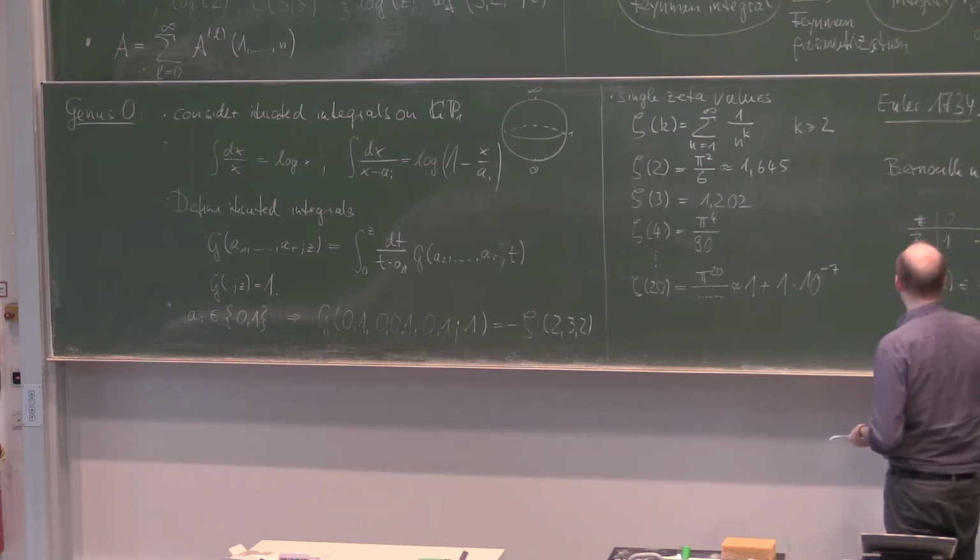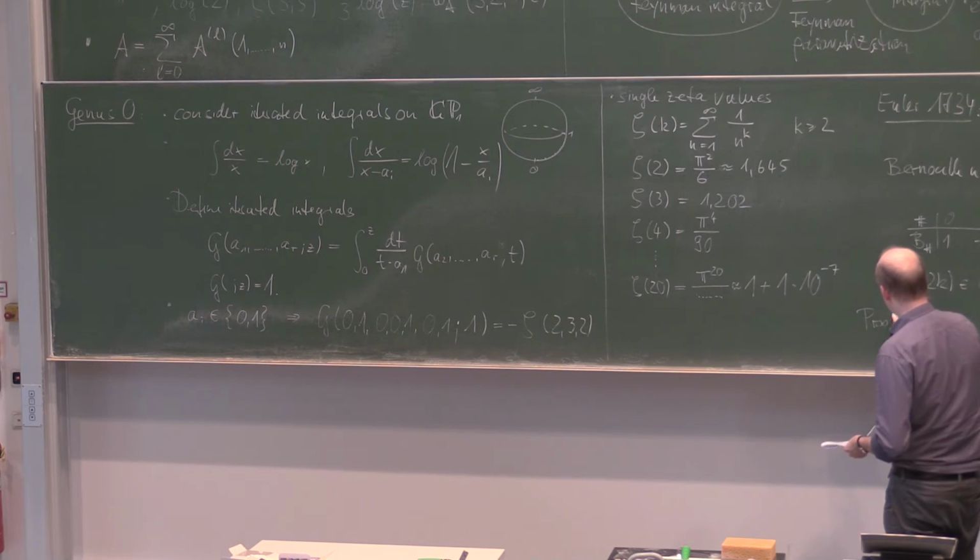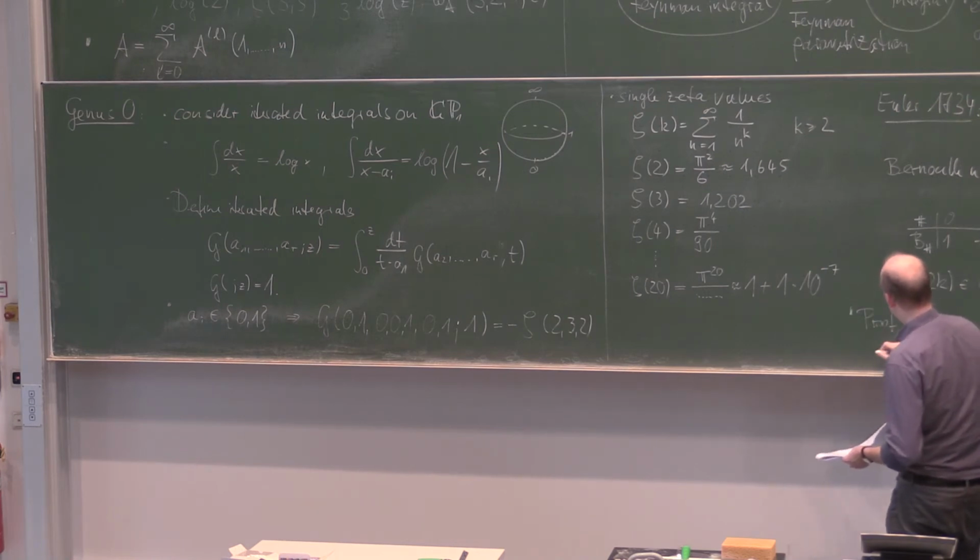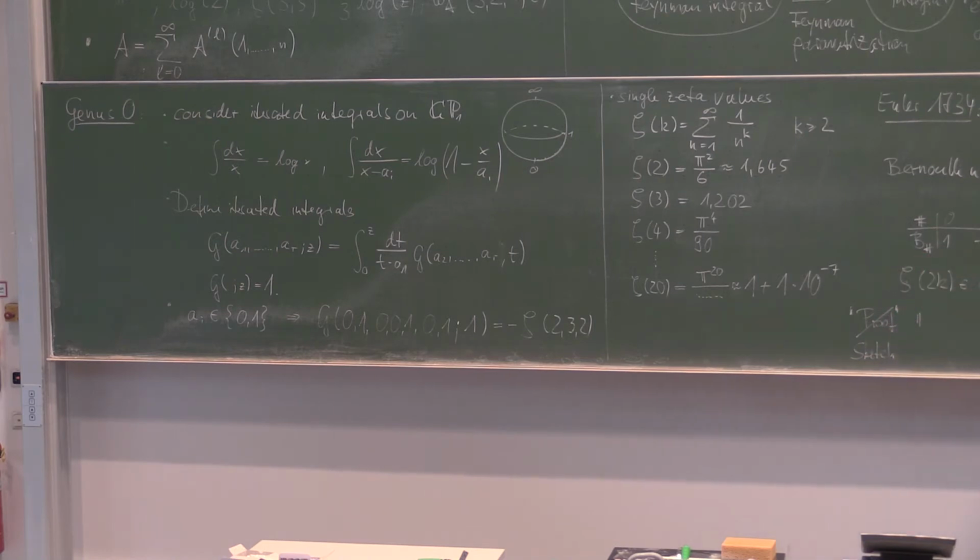One takes, and I shouldn't write proof, so I rather write sketch here. One can take pi times cotangent of pi times alpha and expand that, or write it as 1 over alpha plus an infinite sum over n larger than 0 of 1 over alpha plus n plus 1 over alpha minus n.